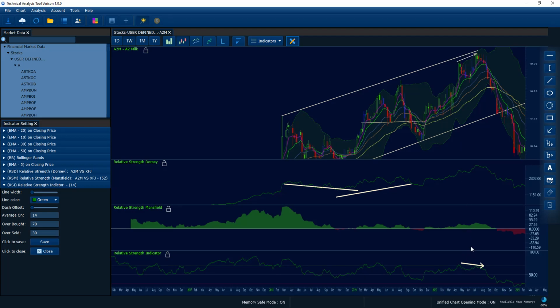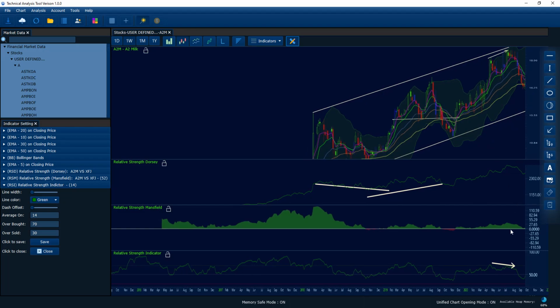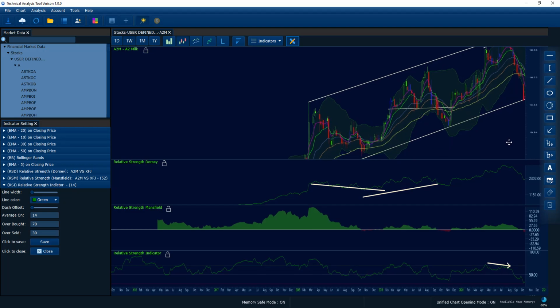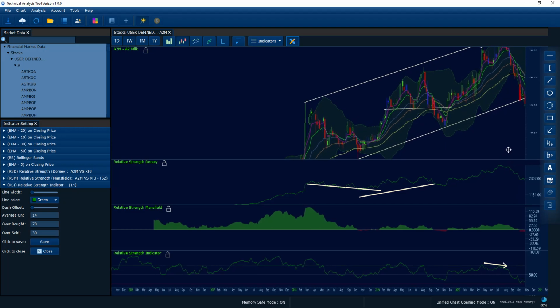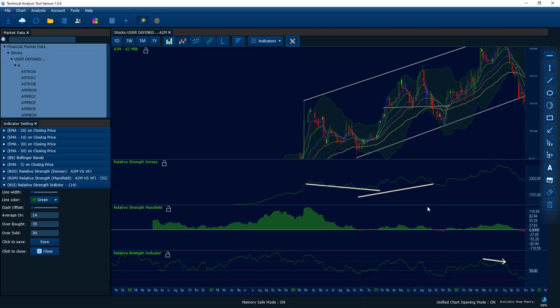RSI is in divergence. RSM doesn't show too much strength. Instead, it's closing back to the zero range and finally breaks down out of this pattern, right? Once it breaks down, that's very bearish, and as you can see, the shares move to a very low level.